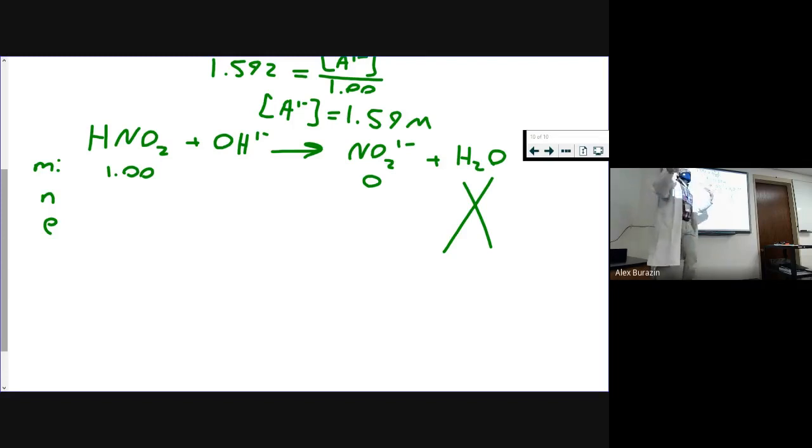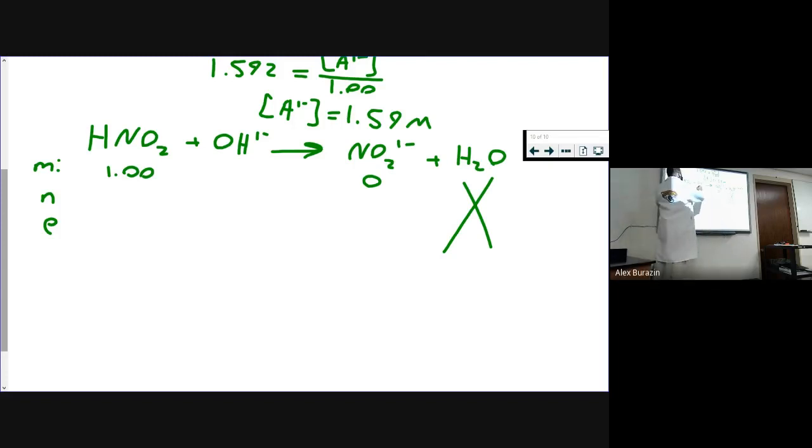This is the way my brain's thinking about doing it. If it's a 1.59 to 1 ratio, what percentage is each portion of that? I would use percentages. You don't have to, but that's where my brain went. So I would do 1.59 divided by 2.59 because that's the total. I need to take away 61.4%.